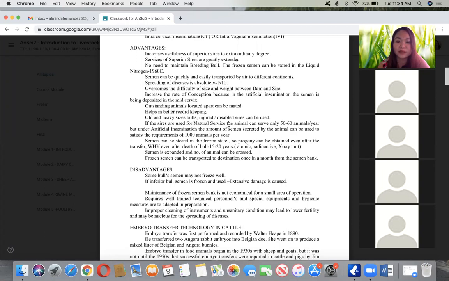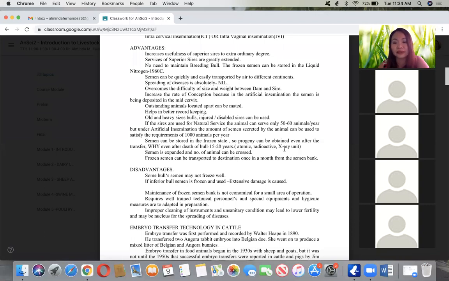If sires are used for natural service, an animal can serve only 50 to 60 animals per year. But under AI, the amount of semen secreted by the animal can be used for up to 1,000 animals per year. So it is more efficient. Semen can be stored in the frozen state, so progeny can be obtained even after the death of the bull. The semen, frozen in liquid nitrogen, can still be used up to 15 to 20 years.